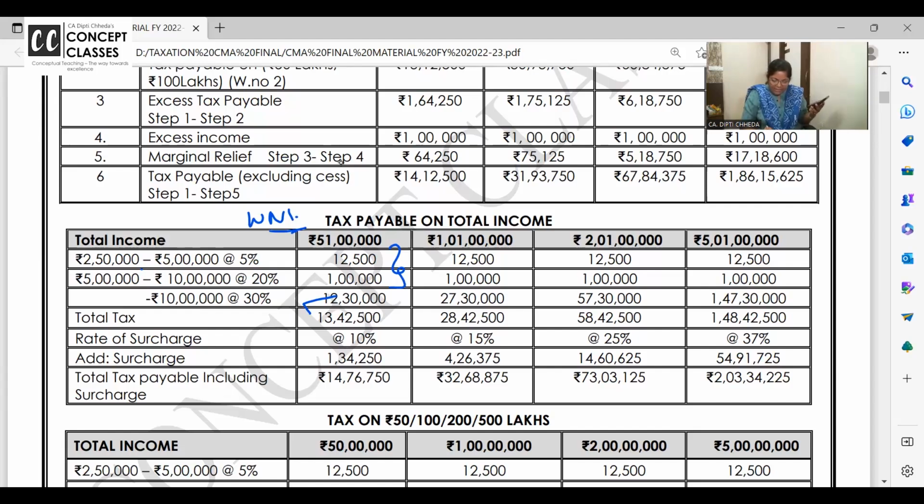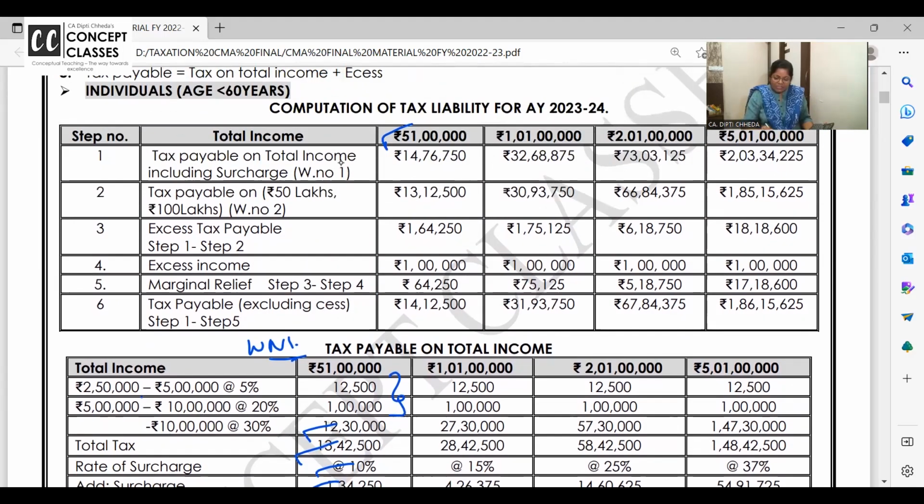So how much tax is coming? 13.42 lakhs. Now on this, I have to pay 10% surcharge because the income has exceeded 50 lakhs. So what is tax plus surcharge? 14,76,750. That is my step 1.